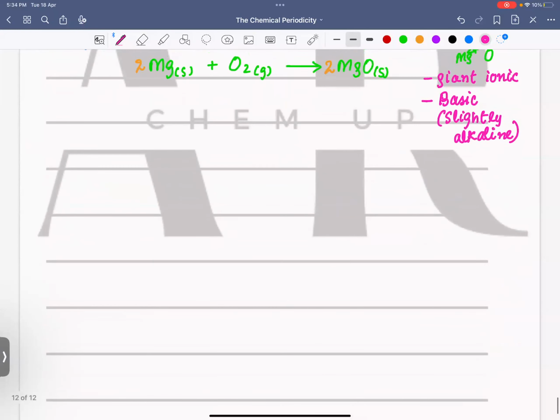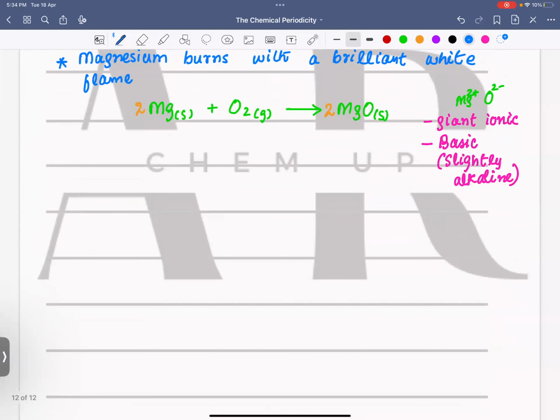Now, next, the reaction with the aluminium. So for this reaction, aluminium must be finely divided into small parts because of its oxide layer.